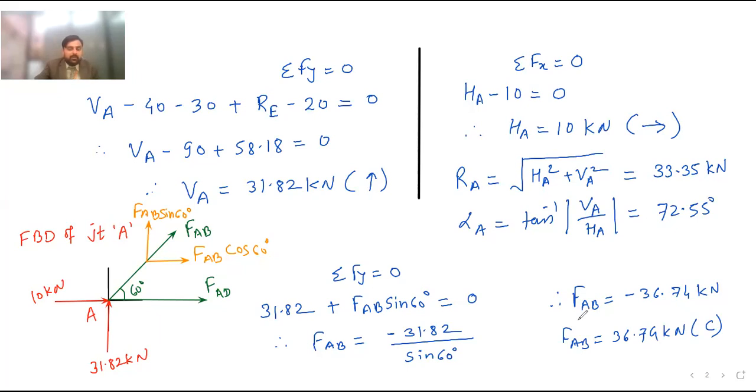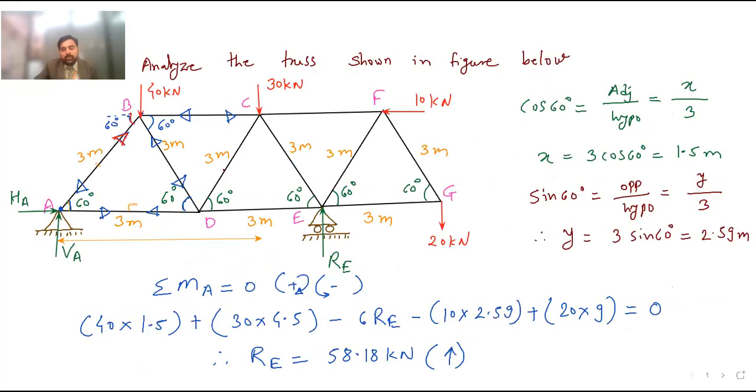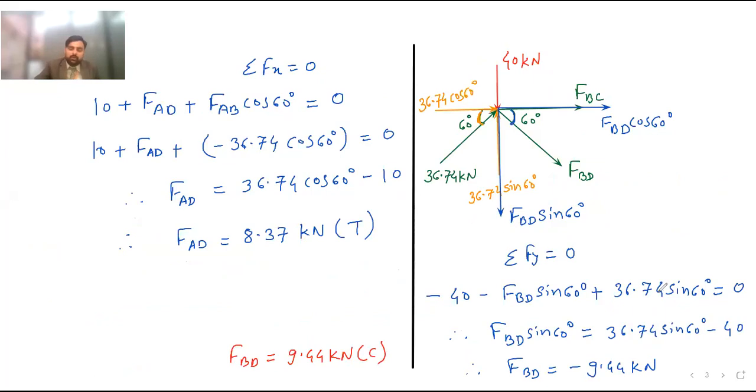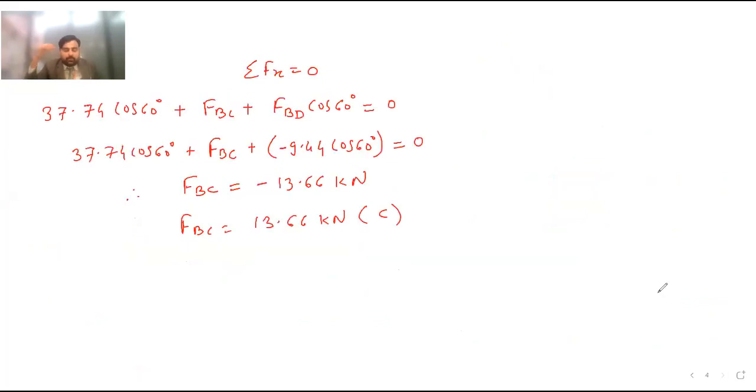Now we are learning method of sections. Do the practice of method of sections. Try to solve different numericals, and then we will move to solving the truss by method of joints. Now give me the attendance first.